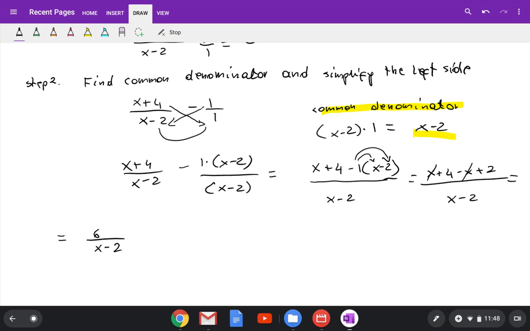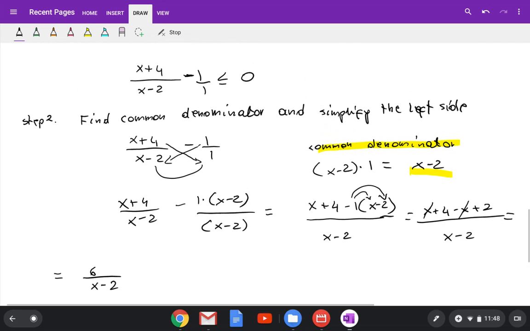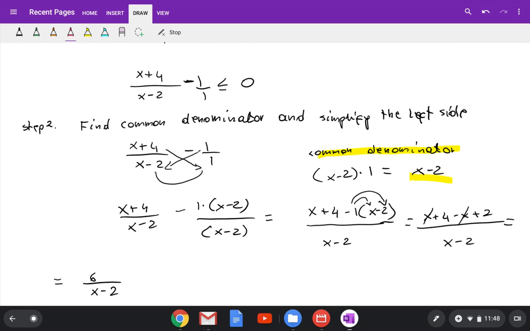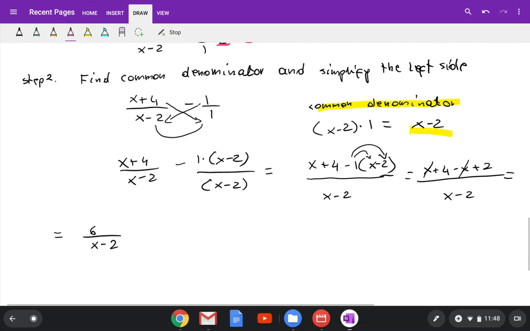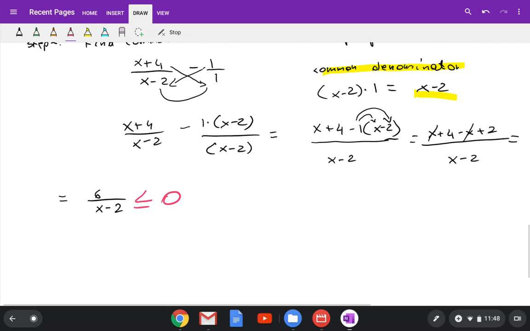So we simplified the left side, and now we're going back. Don't forget that you're solving an inequality. So this is the left side which we simplified, and our inequality, we're solving that. It has to be less than or equal to 0. So I'm copying the rest. This inequality has to be negative or 0.